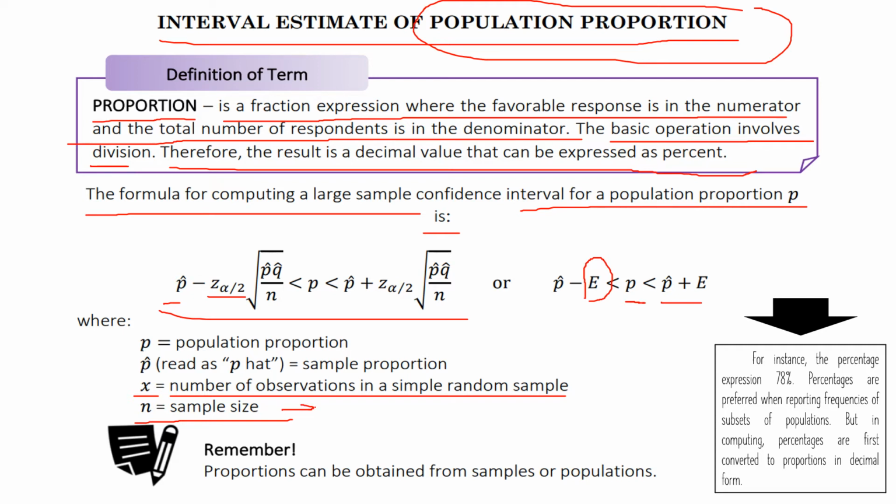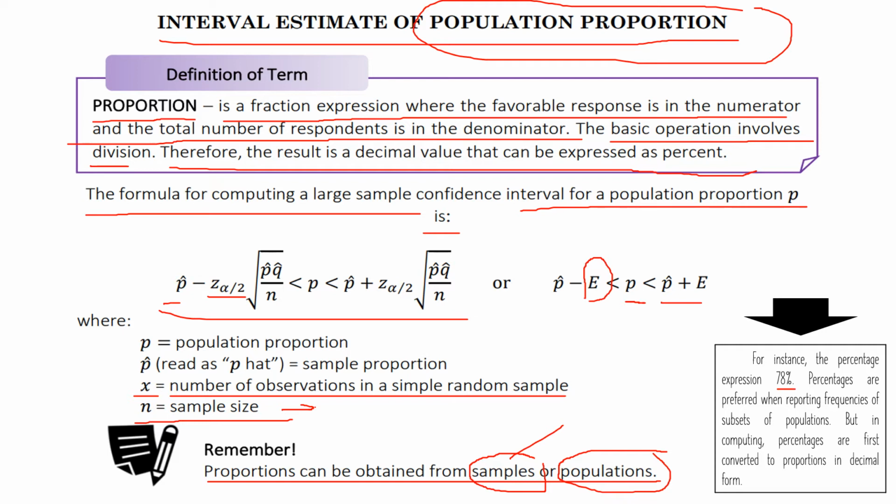So remember, proportions can be obtained from samples or populations. We don't limit these proportions only to samples, but they can be obtained from both samples and populations. For instance, take the percentage expression 78%.